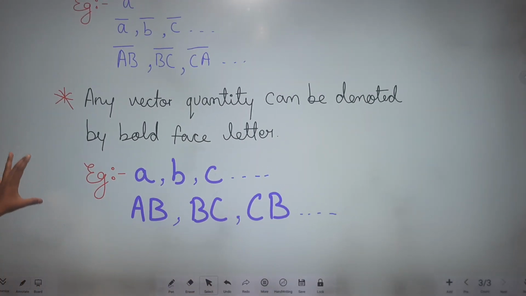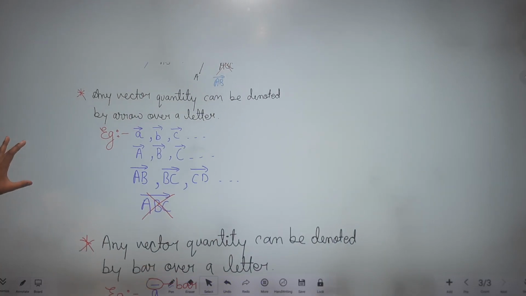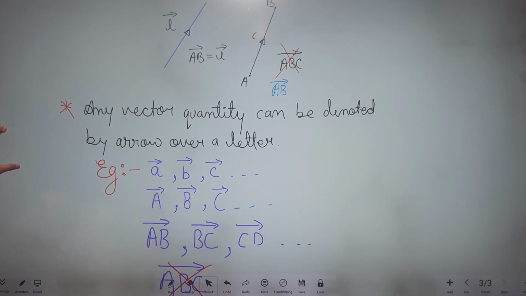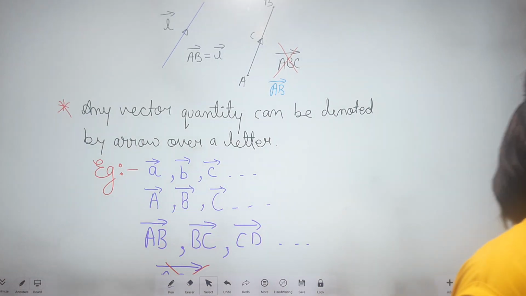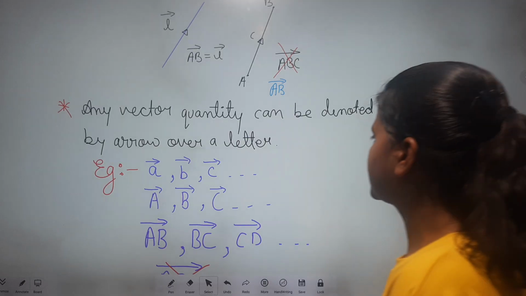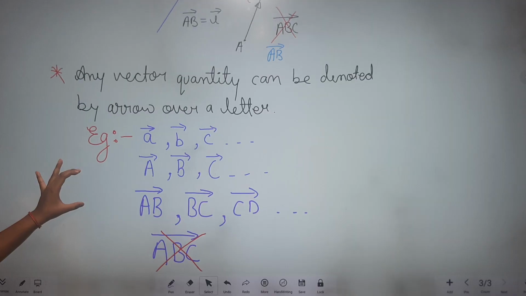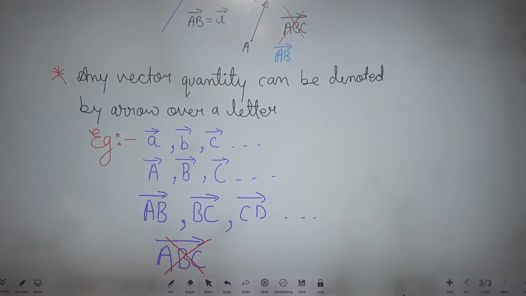Okay. So this is the algebraic representation of a vector quantity. Okay. That any vector quantity can be denoted by an arrow over a letter. Okay. Like here you can see such examples. A vector, or you can also use a capital letter. Okay. A vector.